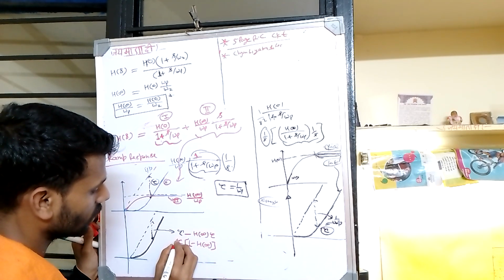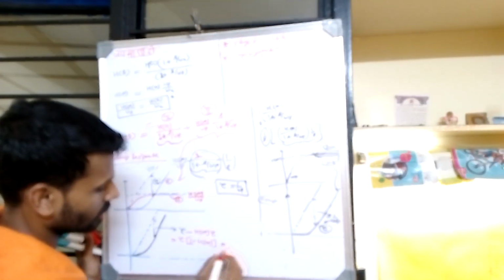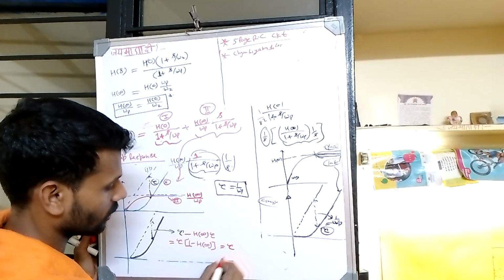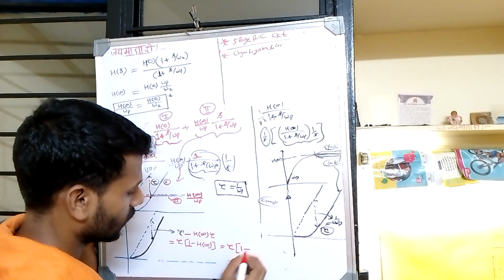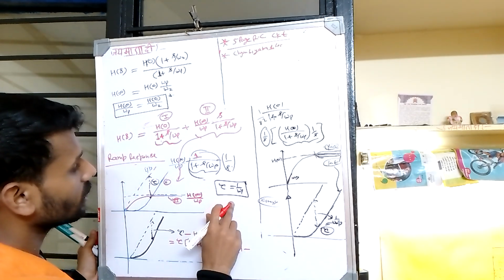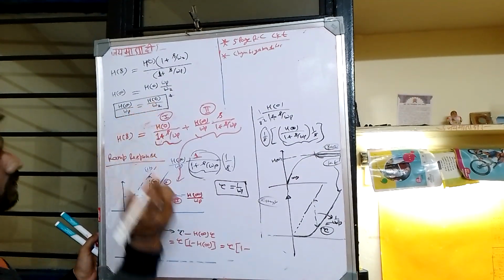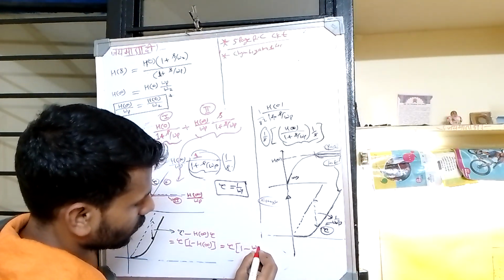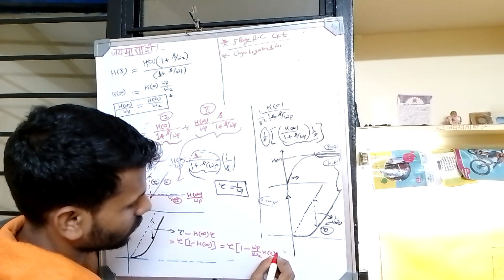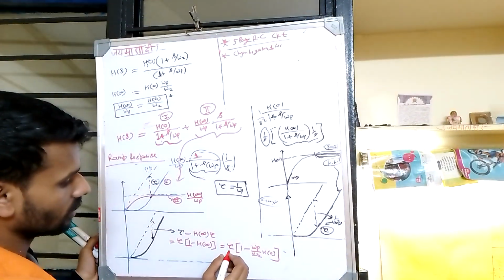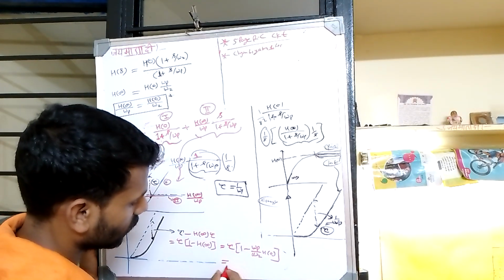So now this delay becomes less. Either you write it like this, or like 1 by, this is tau, 1 minus h of infinity. H of infinity is from here omega p by omega z, omega p upon omega z, h of 0, and you know tau is equal to 1 by omega p.